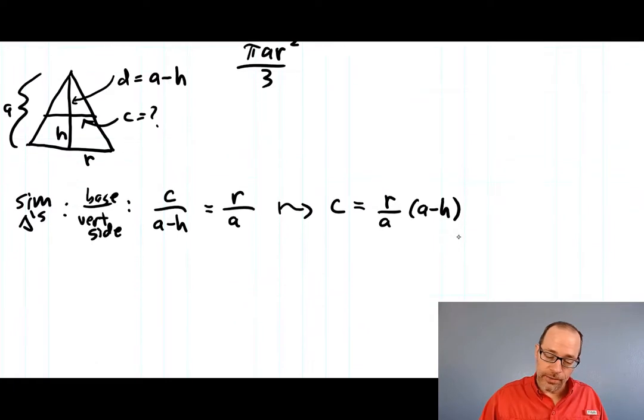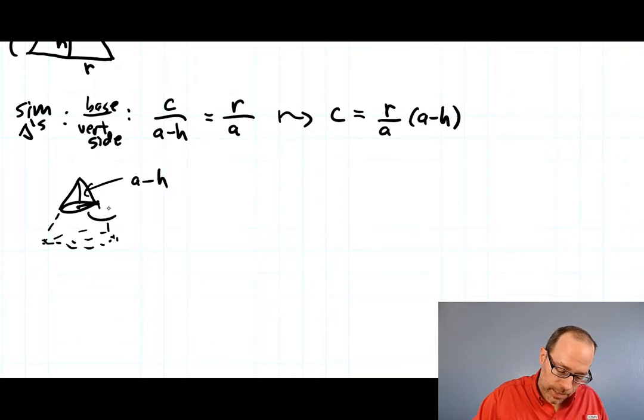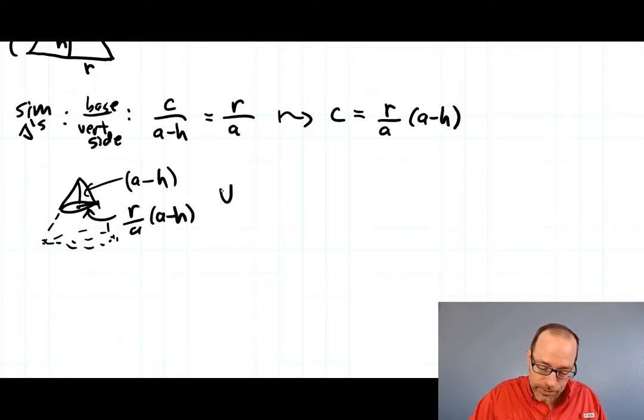All right, so since we know that, then we know everything about that small cylinder. Namely, its total height here was a minus h, and its radius here was r over a times a minus h. So the volume of that small piece was pi, the total height, a minus h, and then that radius part squared.